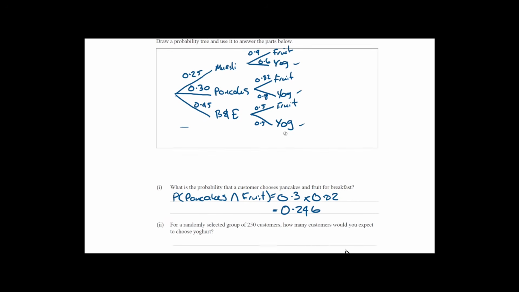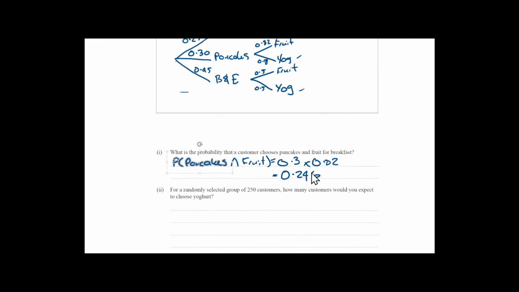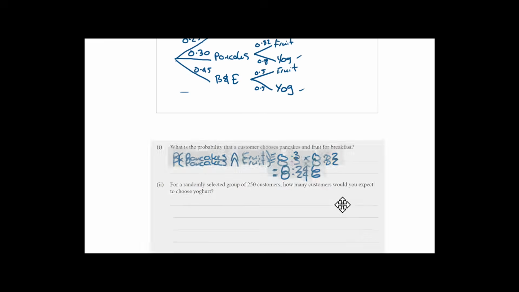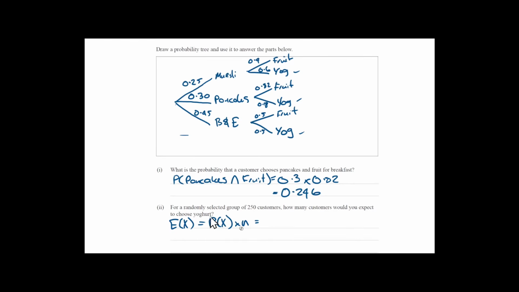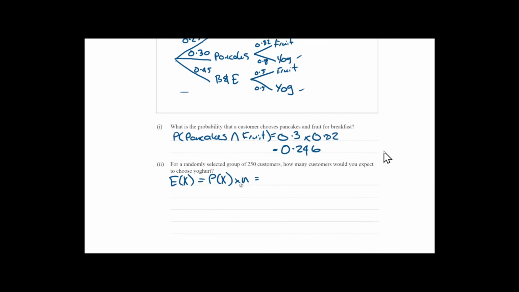So the expected value that something happens is the probability that that happens in one trial times the number of trials. So the probability of yogurt we can work out. So it's going to be 0.25 times 0.6.